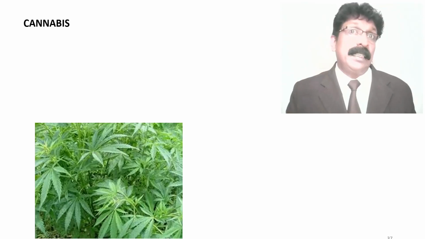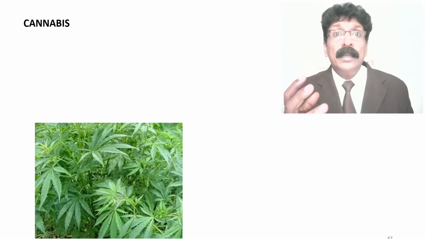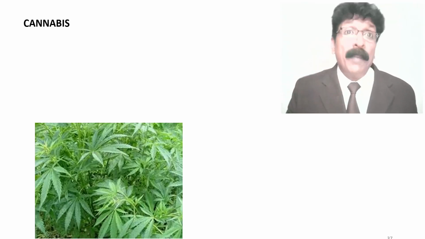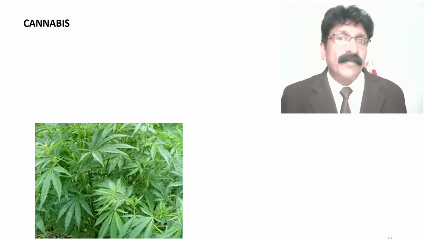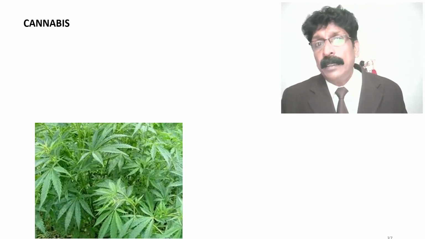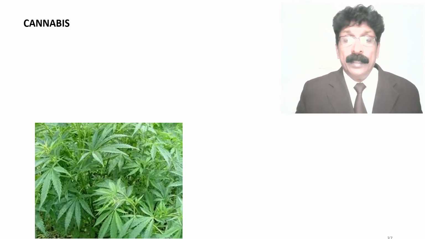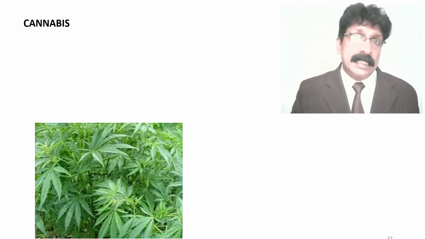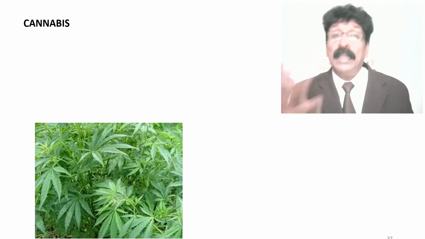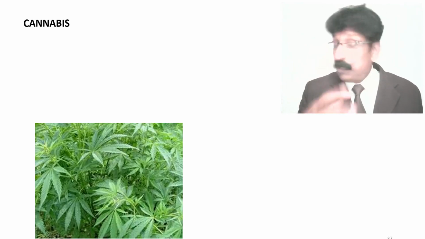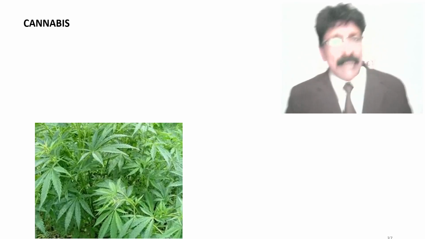It contains cannabinol, tetrahydrocannabinol, which has more sedative and hypnotic effect, and many preparations are made which are used for many purposes, for sedation and to have hallucination. But actually it is narcotic and it causes addiction.